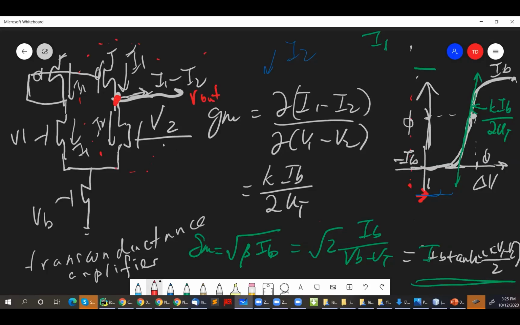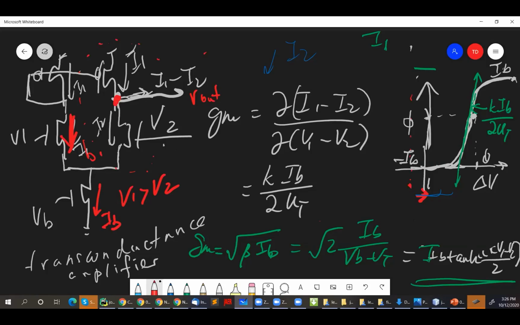So let's assume, first of all, that V1 is much greater than V2. Then the current flowing through these two legs has to be IB, but because V1 is greater than V2, we can say the current's flowing through here. In fact, you can say everything's flowing through here, so this is almost close to IB. You might get some little current through here, but it's mostly here.